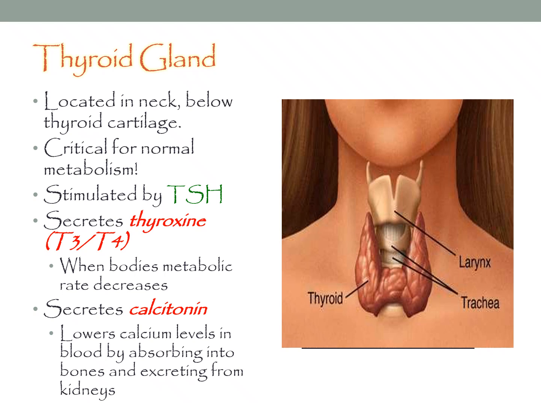So in this case, the anterior pituitary creates and secretes thyroid stimulating hormone, which courses through the blood to the thyroid gland and then stimulates the thyroid gland to produce its own hormones. The 2 hormones that the thyroid gland is responsible for are thyroxine and calcitonin. We'll speak about them a little further in the next slides.